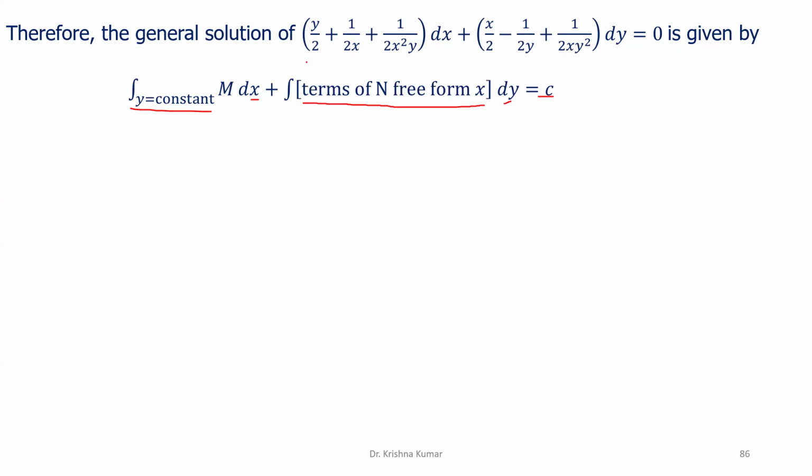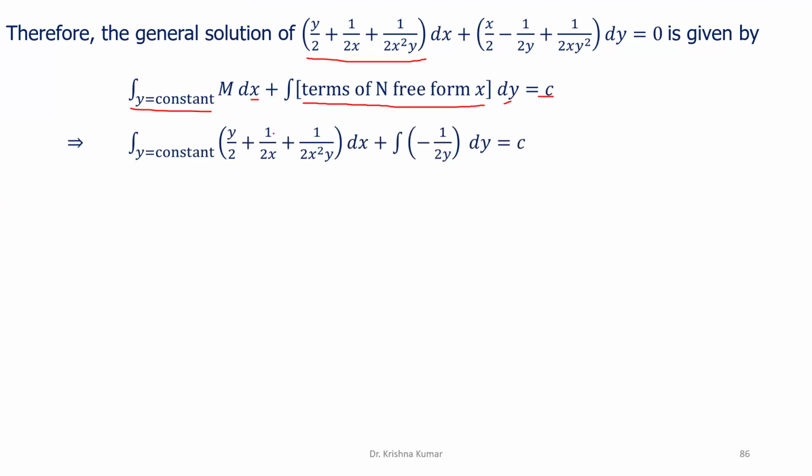So M is this term. So integration of y by 2 plus 1 upon 2x plus 1 upon 2x square y, y constant over here, plus the term free from x, which is only one term, minus 1 upon 2y in the second expression. So integration of minus 1 upon 2y with respect to y equal to c.